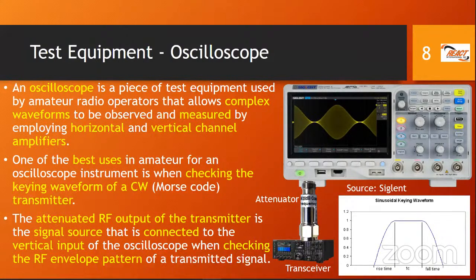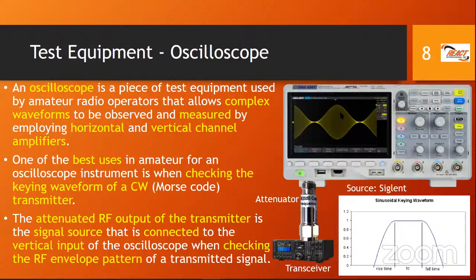With some of the better oscilloscopes, you'll be able to display a lot of values on the screen, and you can even have a little table or tabular format of some of those values, the peak values, if you have more than one peak value. So a very handy, lovely piece of equipment. As an amateur radio operator, you can have that as part of your toolkit, very handy. So this is what an oscilloscope is.